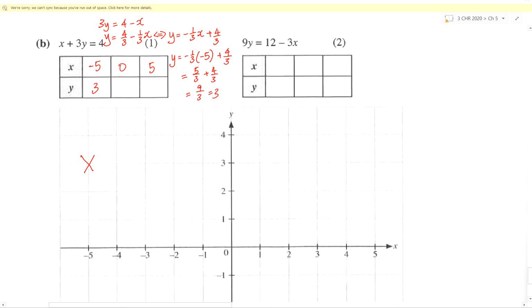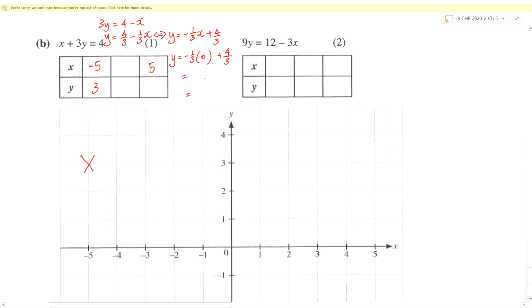Now when x is equal to 0, we have 4 over 3. Okay, so that is our y-intercept. But again, 1 and 1/3, it's not that easy for us to identify exactly. So perhaps we should switch it.